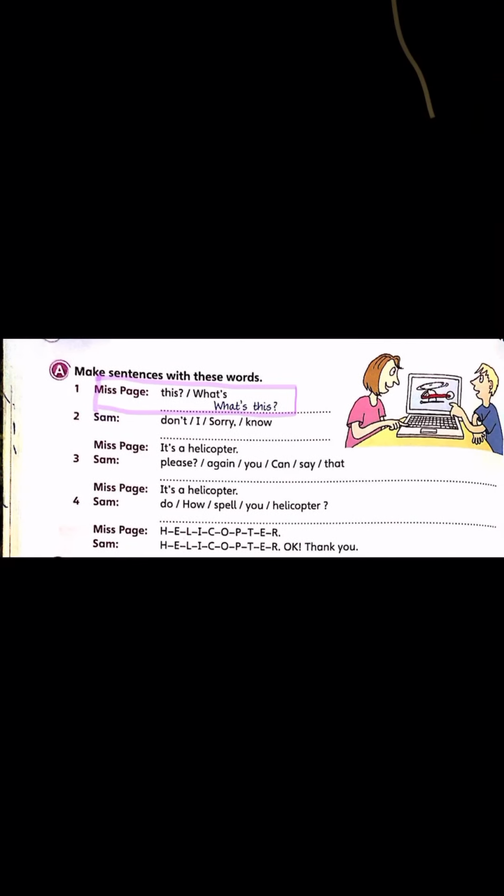Look at Miss Page's black disorganized words and her question. So we have the words this and what. We want to make a question from these two words, and the result is what's this? What's this?